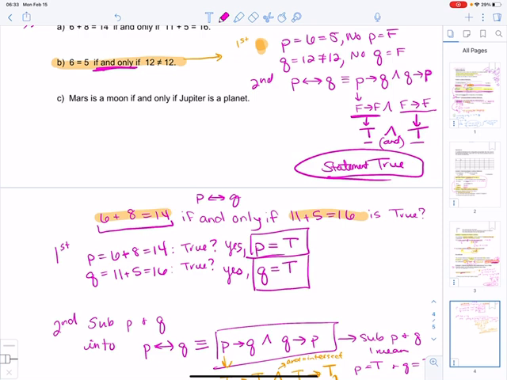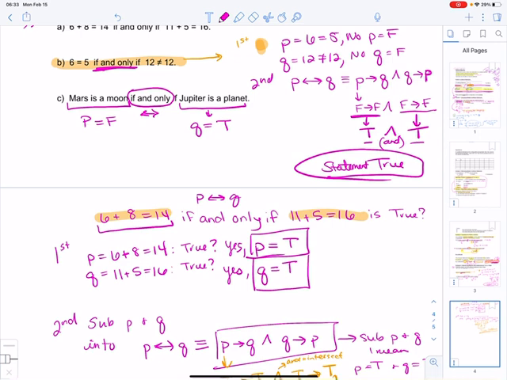All right, so the very last one is Mars is a moon if and only if Jupiter is a planet. Well, this is P. I'm going to do this one faster. Mars is not a moon, so this is false. We have if and only if, if Jupiter is a planet, and this is Q, which is true. Mars is not a moon, so that's false. Jupiter's not a planet, so that's true.